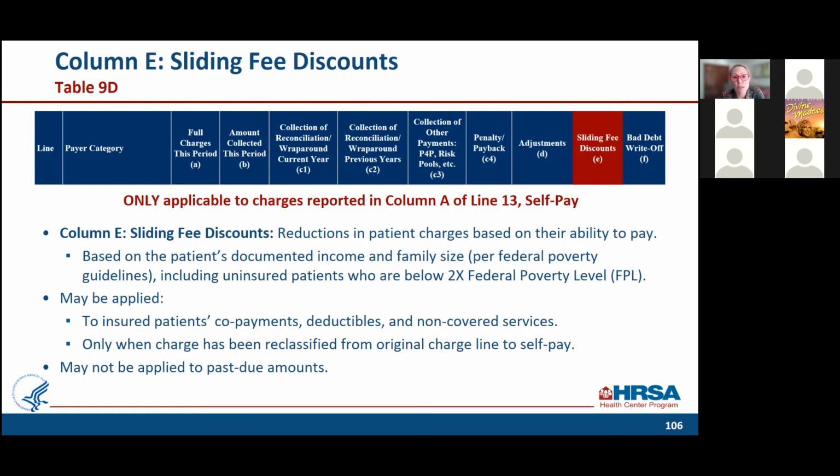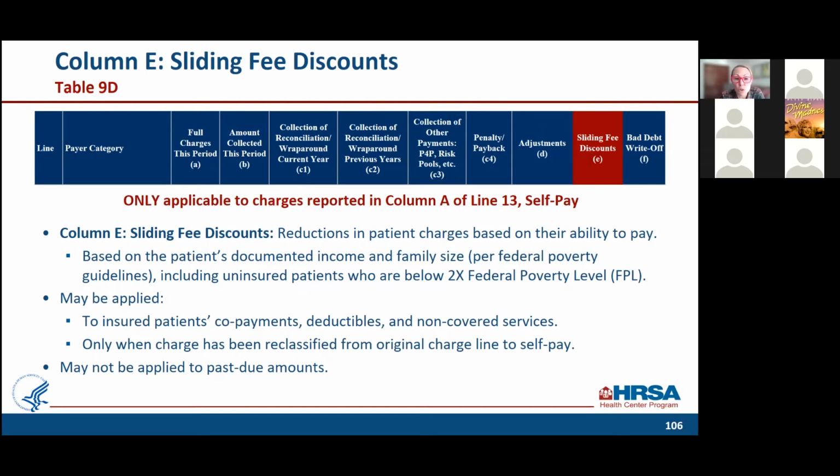Sliding fee discounts can be applied to any of the amounts of the patient's out-of-pocket costs, such as co-payments, a deductible, and non-covered services. To report self-pay charges and collections for insurance patients, the portion of the claim that the patient is responsible for, and therefore will be eligible for a sliding fee, the health center must reclassify the patient pay portion of the claim down from the original charge line to the self-pay line.